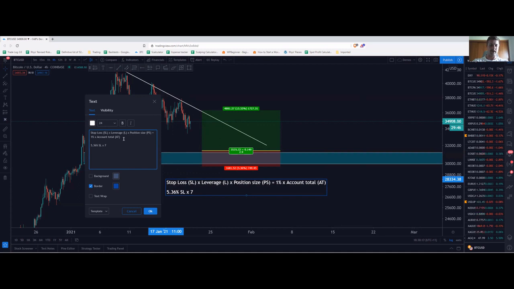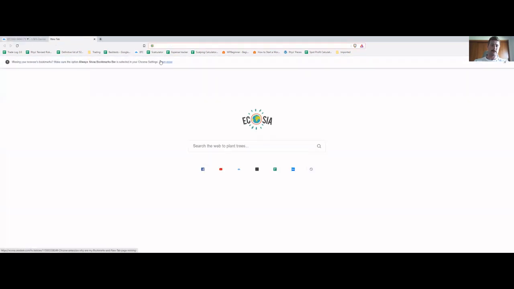I won't put that X in there, it's just going to get confusing. So 5.36% times 7 leverage times our position size must equal 1% times AT. All right, so we can come to the calculator and go 5.36% times 7.